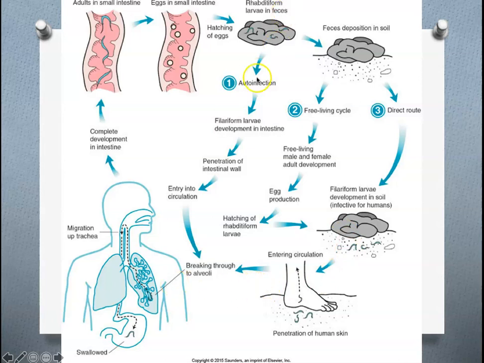And then the third was that autoinfection, where actually rhabditiform larvae never leave the body. Rhabditiform larvae are maturing into filariform larvae in the intestines. The filariform larvae penetrate the intestinal wall, get into circulation, lung, GI, back to the intestines.